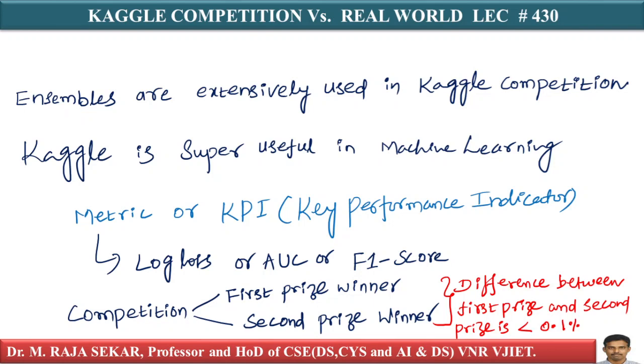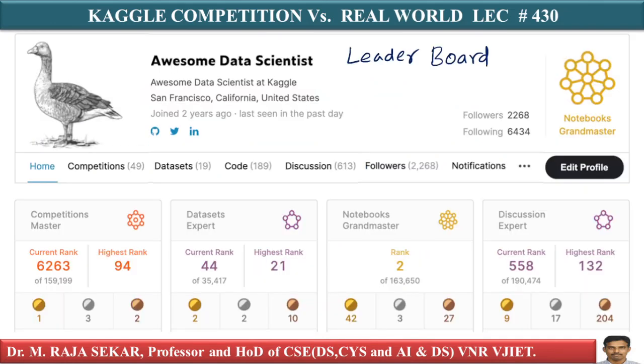If you go to the Kaggle website and look at the scores on the leaderboard, you will see the difference between first person and second person is extremely small, and the small difference may not matter in the real world. That is the fun part here. We will come to that in a while.